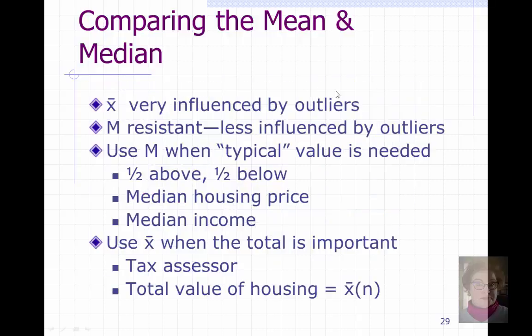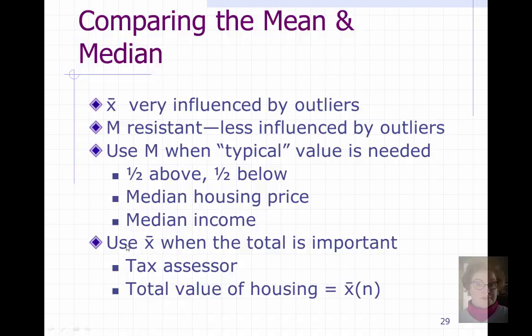So, comparing the mean and the median: the mean is very influenced by outliers. The median is resistant, less influenced. We use the median when typical is needed, half above, half below. We use the mean when the total is important.